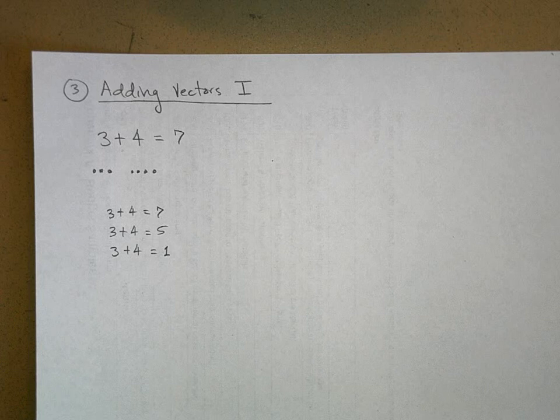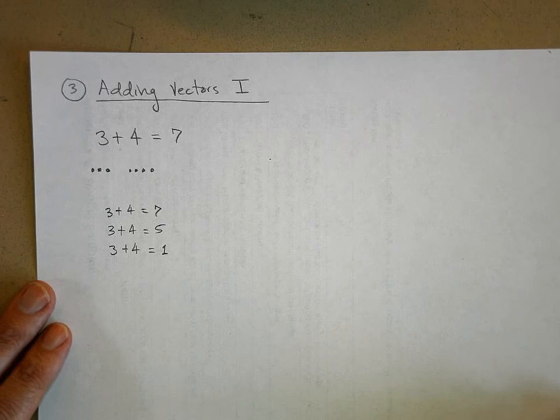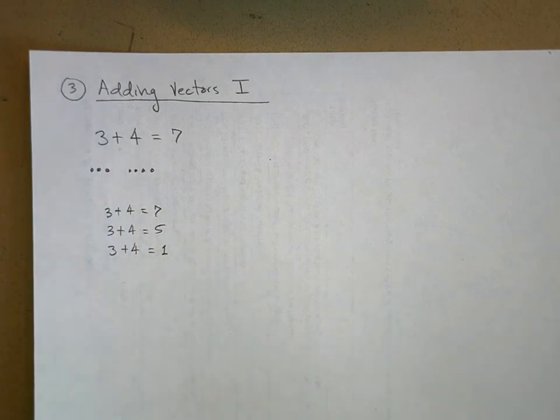Now, what the heck? Okay, don't take this home to your parents and claim there's some kind of malpractice going on here. Because really what 3 and 4 are going to be, they're going to be the magnitudes of vectors. And we're going to add vectors together.